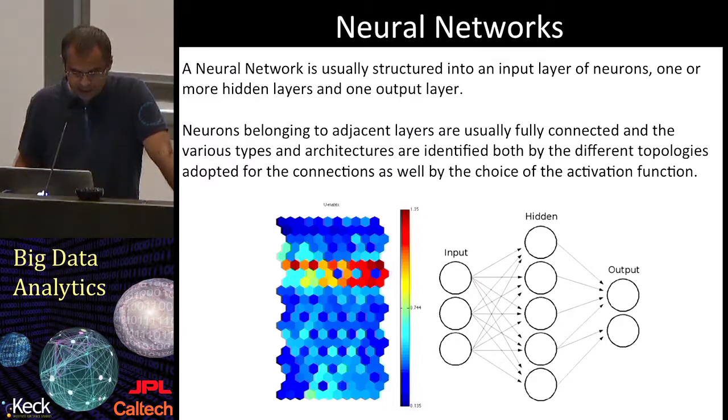On this slide, the left picture represents a self-organizing map, with all the units on one layer, while on the right there is a multi-layer perceptron with one hidden layer with 5 hidden units, and of course an input layer and the output layer.